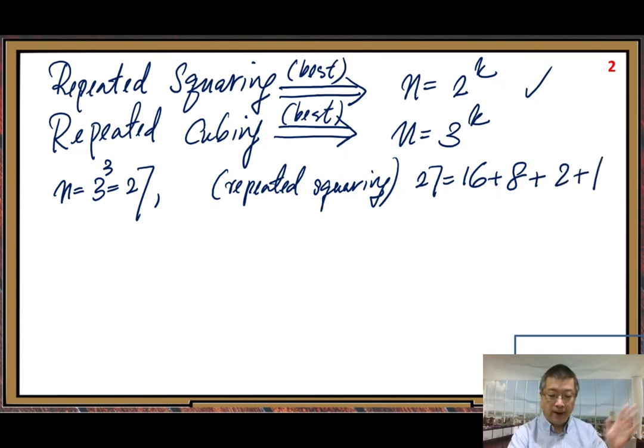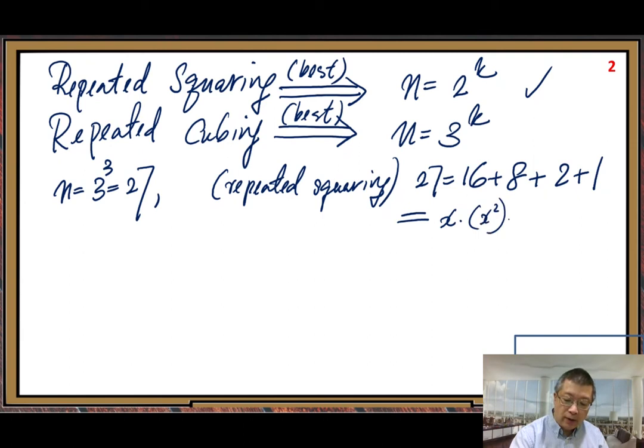When we write it this way, x times x squared times x to the 8th times x to the 16th.